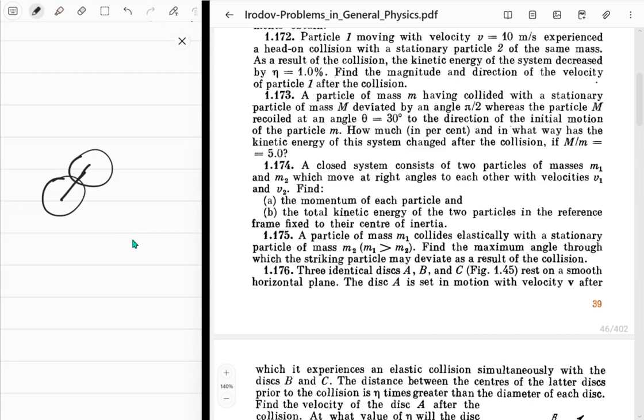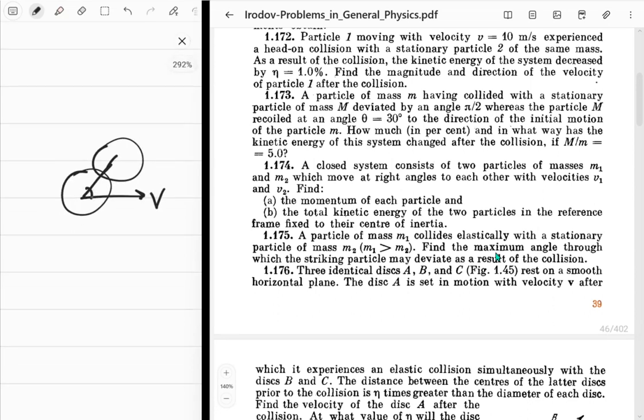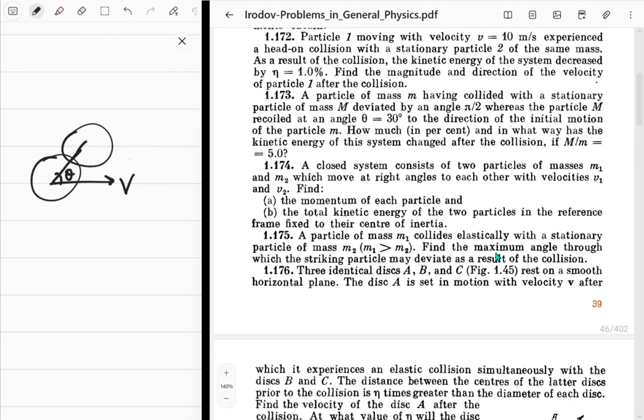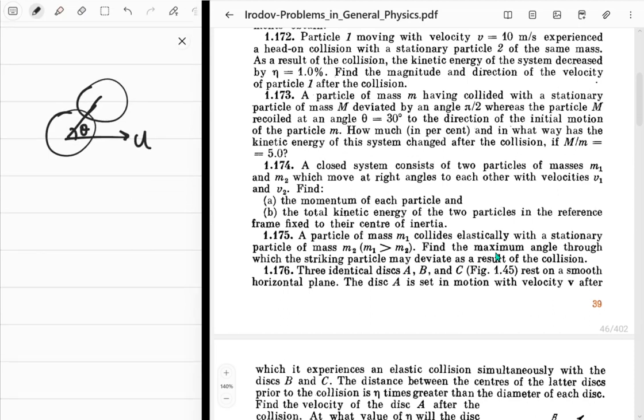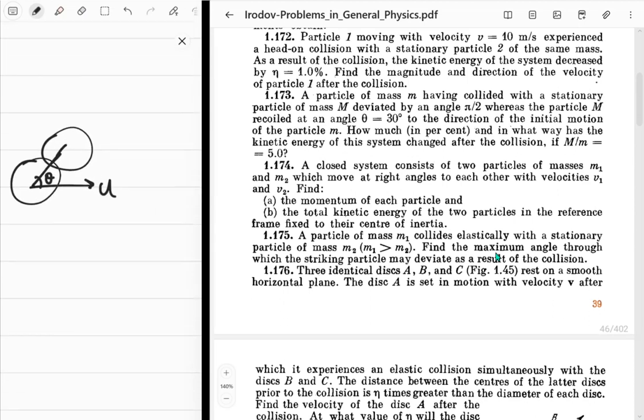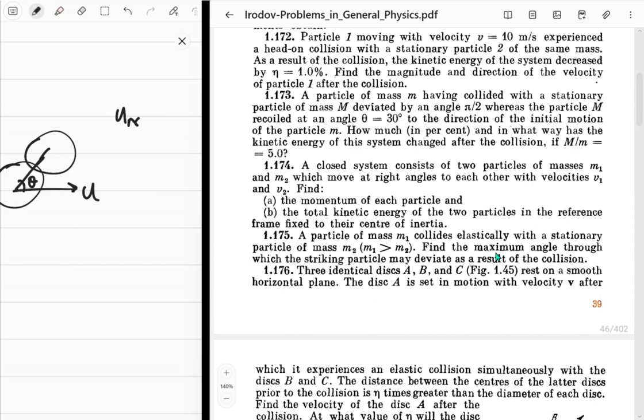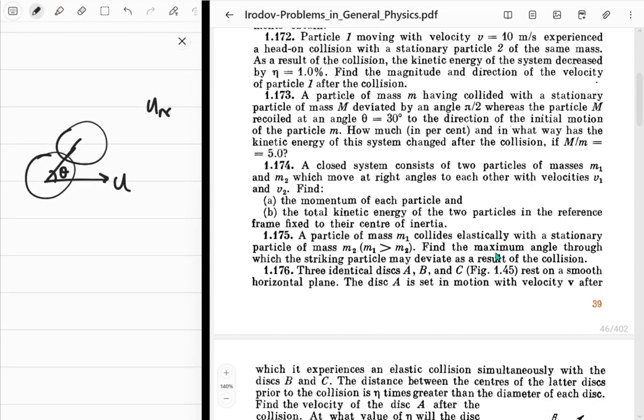Oh, this makes sense. It's elastic, so we can use our formula. So you got this velocity right here, and this angle is theta. Let's use u, it will be better. So you can figure out what this is going to be: u cosine theta, which I'll call un.